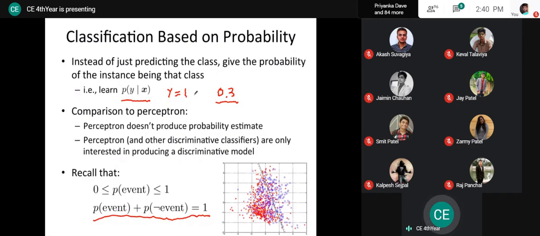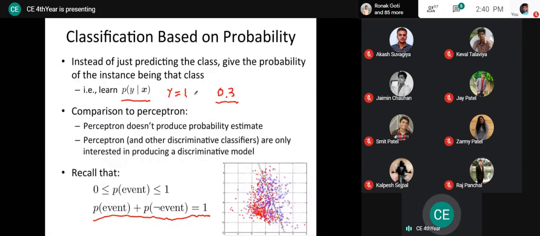And over there, you may already know the term sigmoid activation, right? Where the basic intuition behind that sigmoid activation is nothing but this logistic regression, right? So from that perspective also, this algorithm is a bit interesting and important.